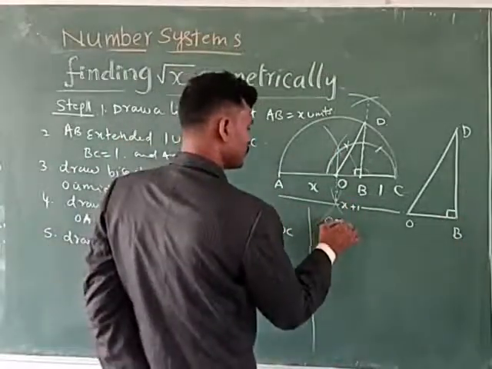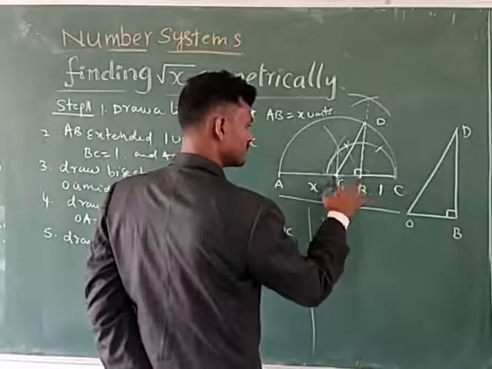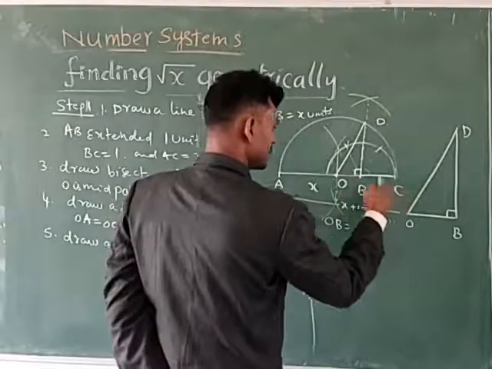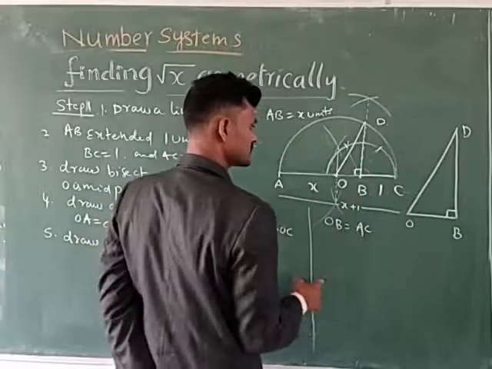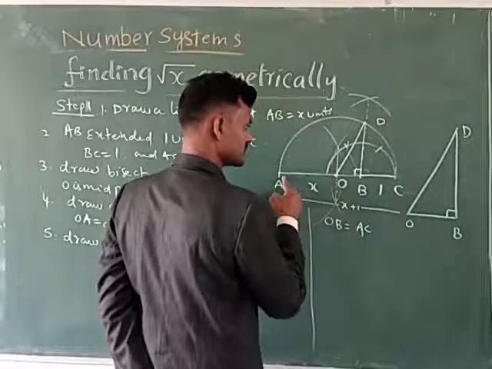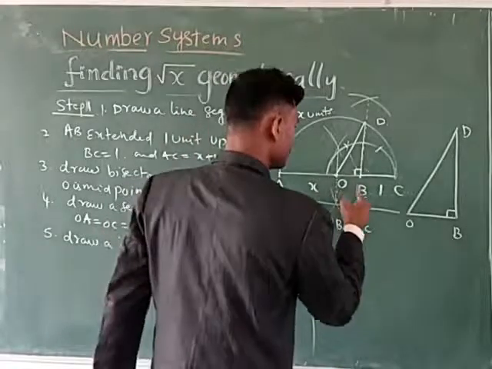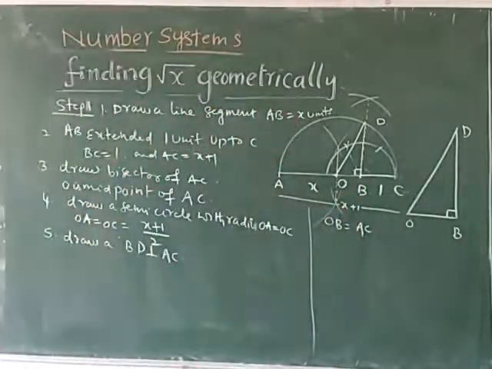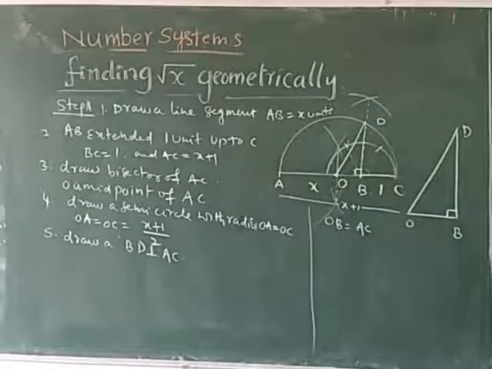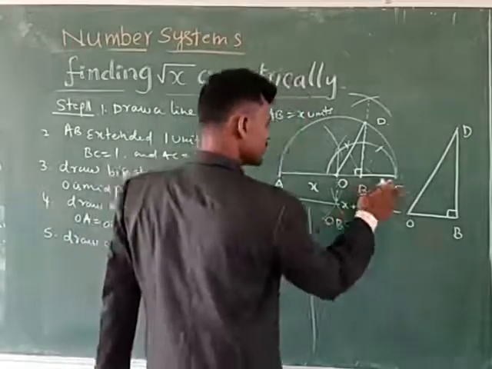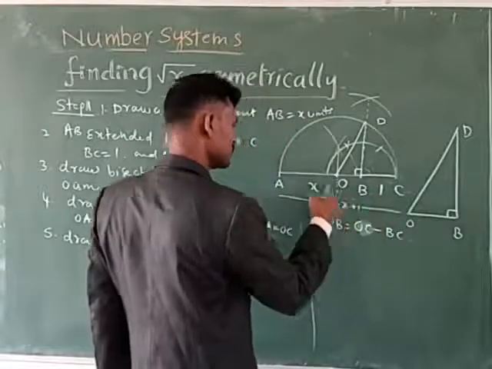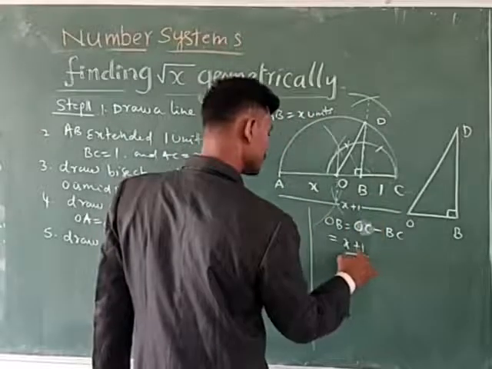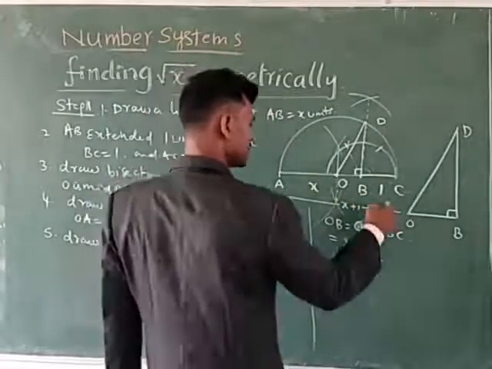Here OB, actually we know that OB is equal to OC minus BC. Here OC is equal to OA, which is (x plus 1) by 2, minus BC, which is 1.